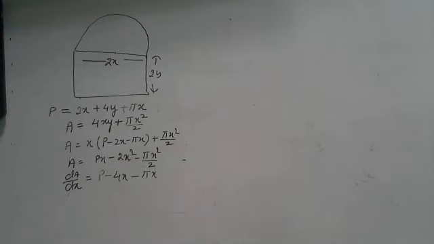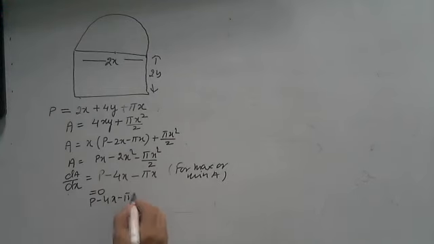And we all know that for a maximum or minimum value, dA by dx must be 0. So when you solve this, it gives you p minus 4x minus pi x is equal to 0, it gives you x is equal to p upon pi plus 4.